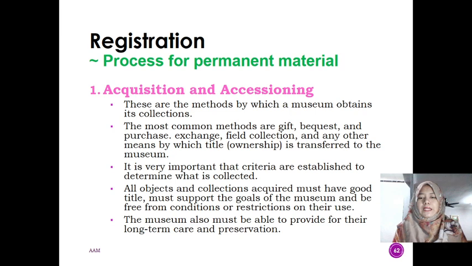It is very important that criteria are established to determine what is collected, and all objects and collections acquired must have good title, must support the goals of the museum and be free from conditions or restrictions on their use. The museum must also be able to provide for their long-term care and preservation.